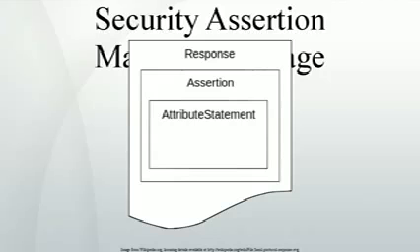The SAML specification defines three roles: the principal, typically a user, the identity provider, IP, and the service provider, SP. In the use case addressed by SAML, the principal requests a service from the service provider. The service provider requests and obtains an identity assertion from the identity provider.